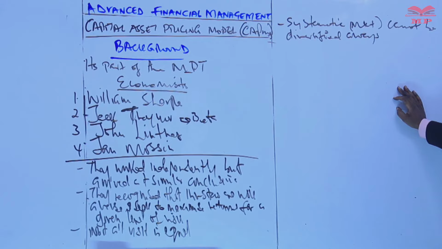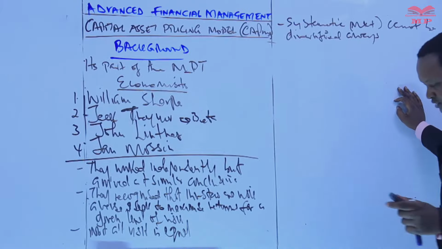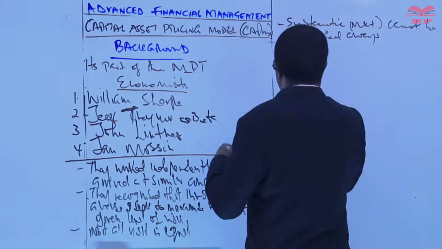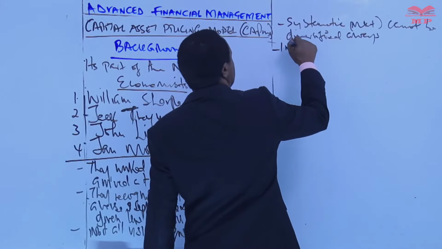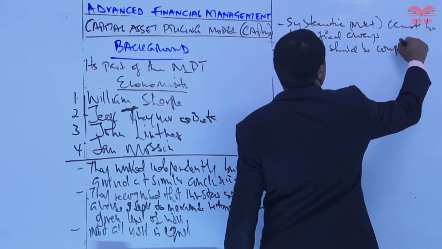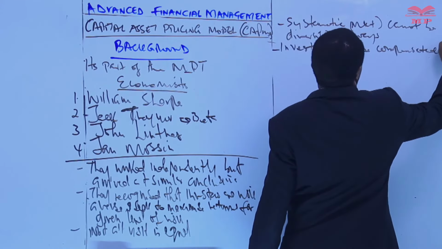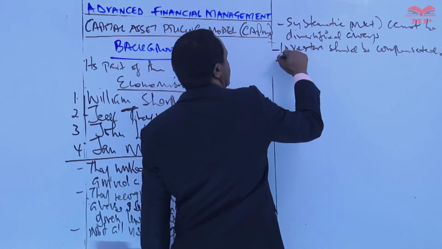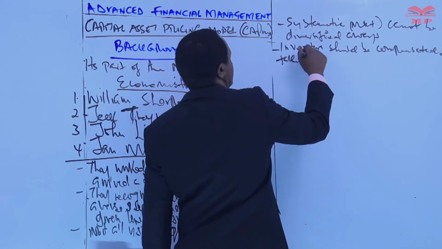So the CAPM, the capital asset pricing model, posits that investors should be compensated for taking on systematic risk.